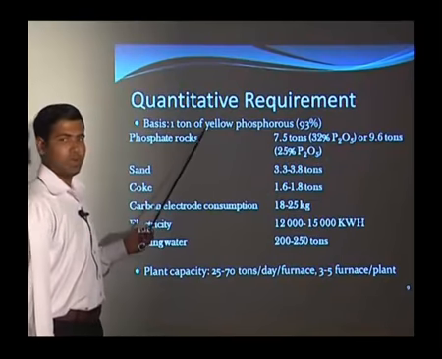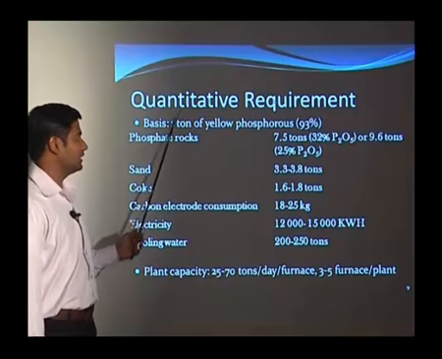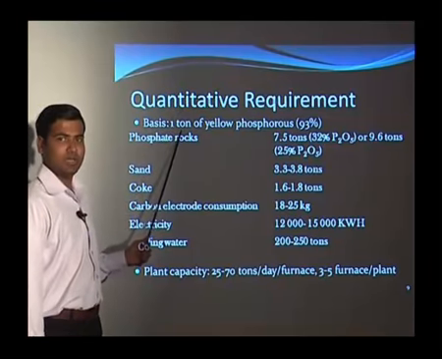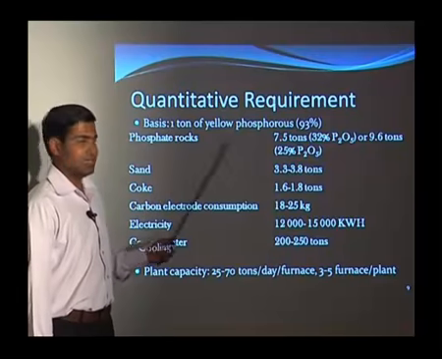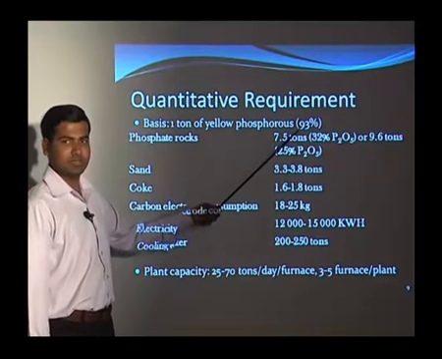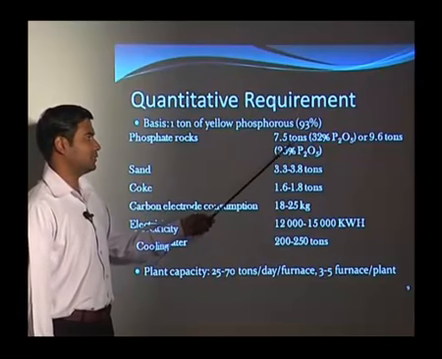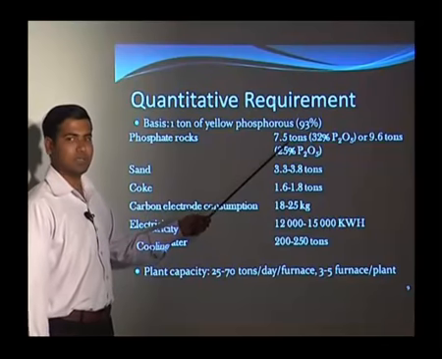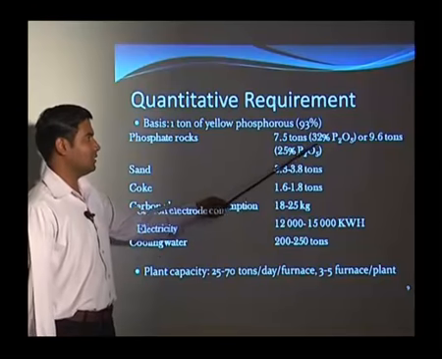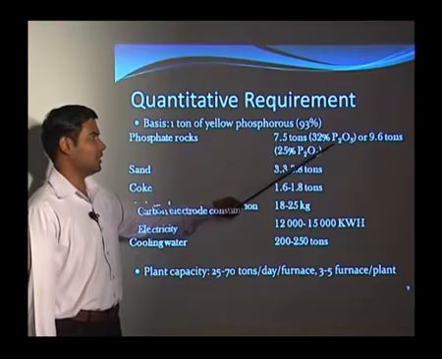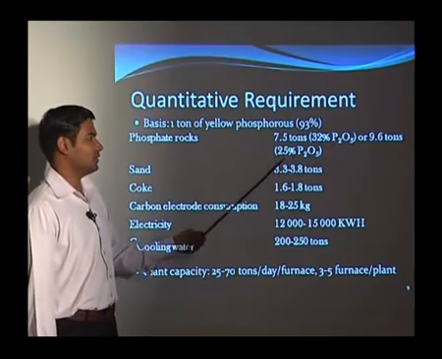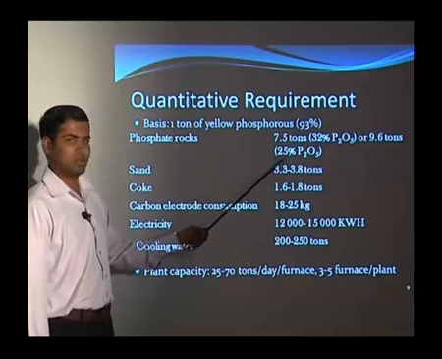If we see the quantitative requirement, suppose we are producing 1 ton of yellow phosphorus at 93%, then the phosphate rock, Ca3(PO4)2, will require 7.5 tons. It may be 32% P2O5 or 9.6 tons of 25% P2O5.